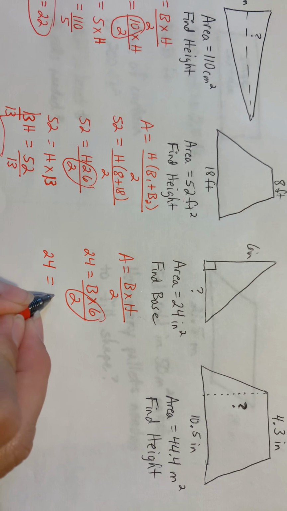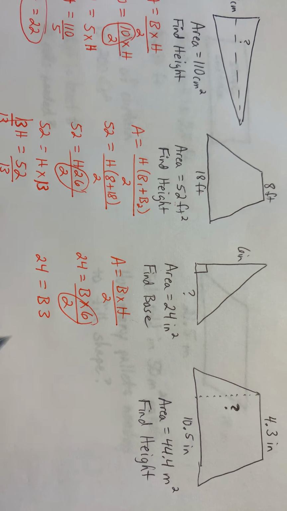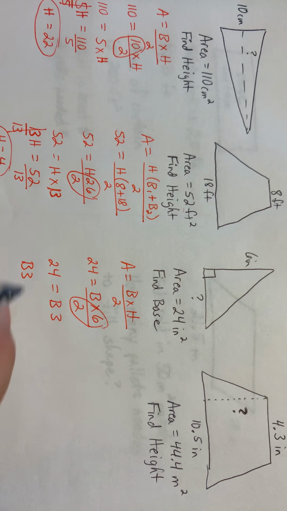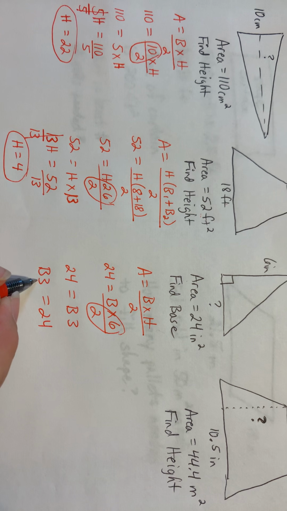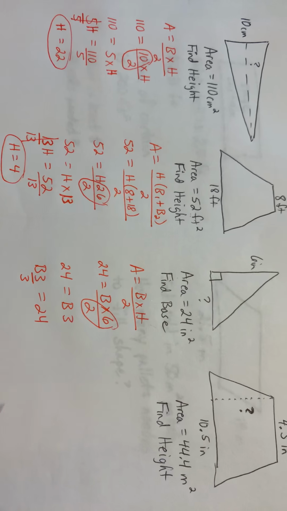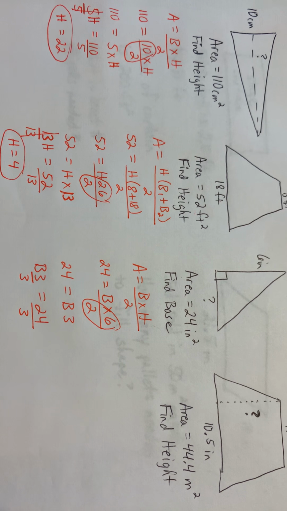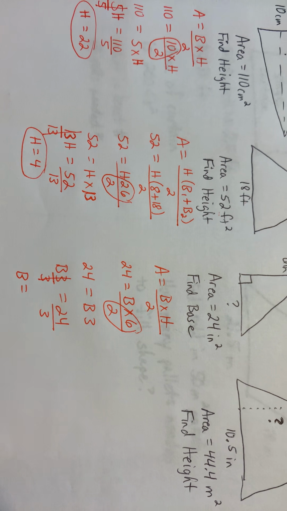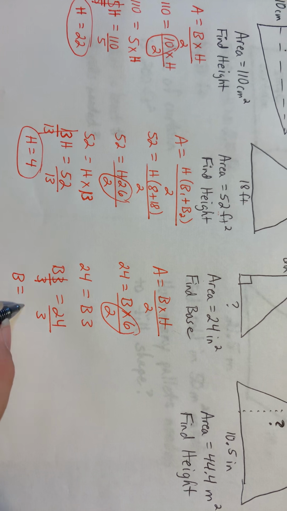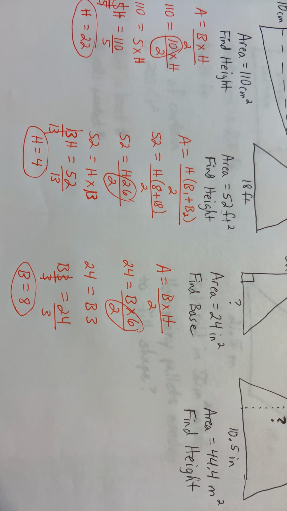So now it's 24 is equal to B times 3. I'm going to flip these right quick. And to get rid of the 3, so B can be by itself, I'm going to divide both sides by 3. That cancels that out, gives me a B, and 24 divided by 3 gets me 8.